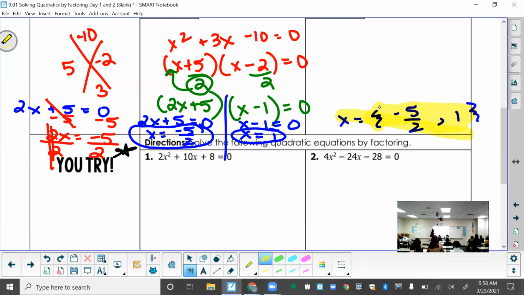You have the day 1 practice and the day 2 practice, just the evens or odds. Don't overwork yourself. Just the evens or odds will give you enough practice. The answer keys are on this back wall so that you can check your work as you go. And then upload it to Schoology when you are finished.